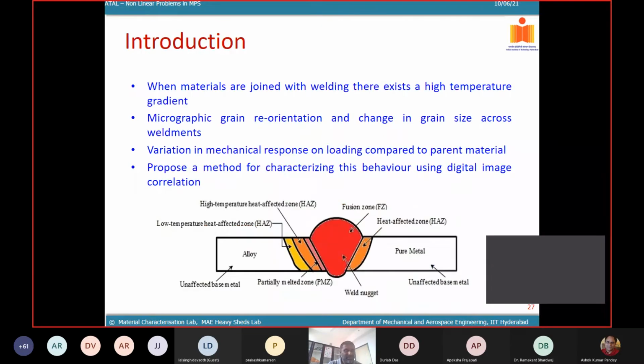And the biggest challenges, so far, in testing: we look at the global response. We take a welded coupon, we cut a coupon from the welded plate, and then we subject it to tensile testing, and then we look at the global response.